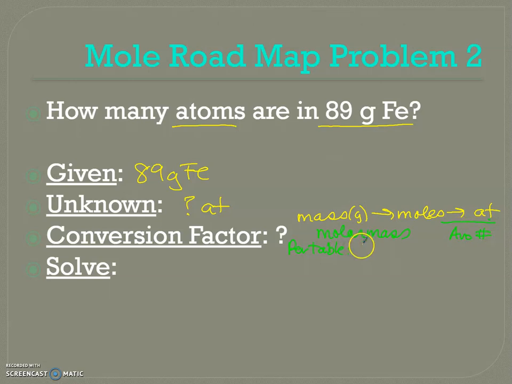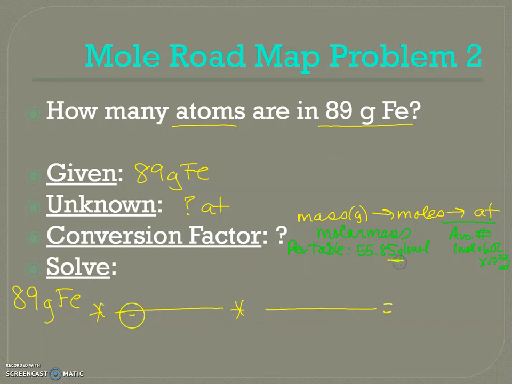Okay, so if you look at the periodic table, it's 55.85 grams per mole. And Avogadro's number is 1 mole equals 6.02 times 10 to the 23rd atoms. So let's set it up. 89 grams of iron. I have two conversion factors, so I make two dimensions. I want to get rid of grams.